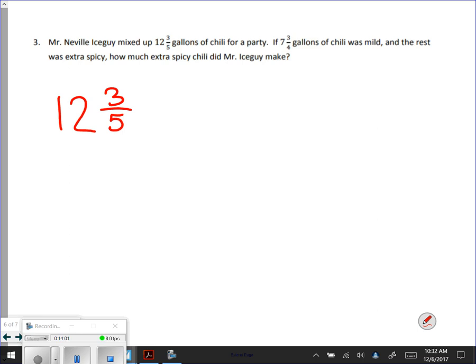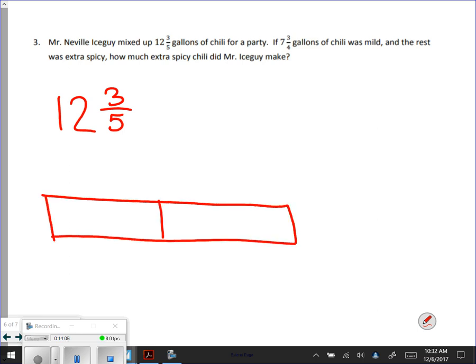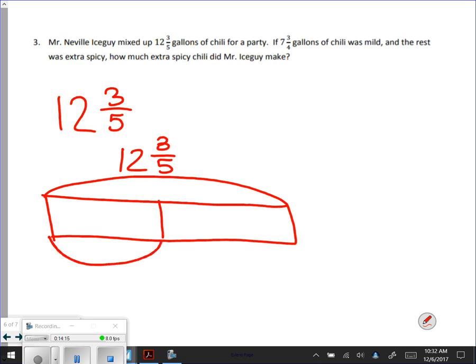So if you think about this as a bar model, the total, all of the chili, was 12 3/5 gallons. Some of it, 7 3/4, was mild. The extra spicy, we don't know.